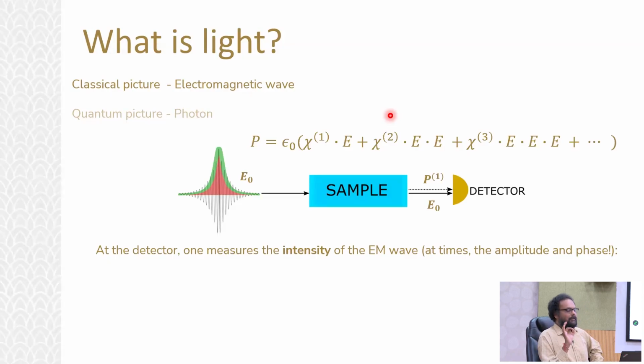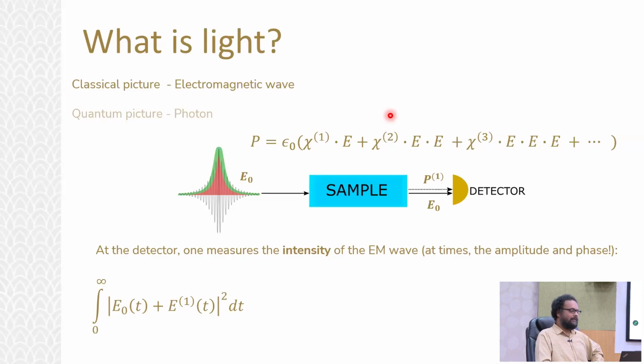What we measure at the detector is the intensity of the electromagnetic wave, right? Sometimes, if we are smart enough, like we did with 2D spectroscopy, we can measure the amplitude and phase by interfering the signal with another electric field, or what we call a local oscillator, whose amplitude and phase we know, and then we can gain access also to amplitude and phase. But in general, most of the detectors are time integrated.